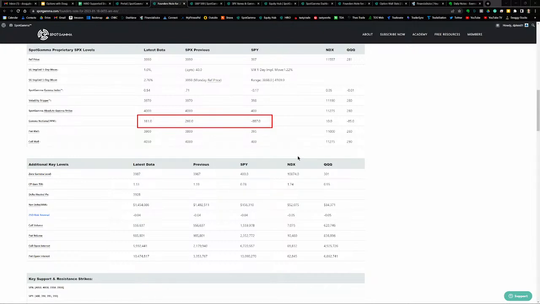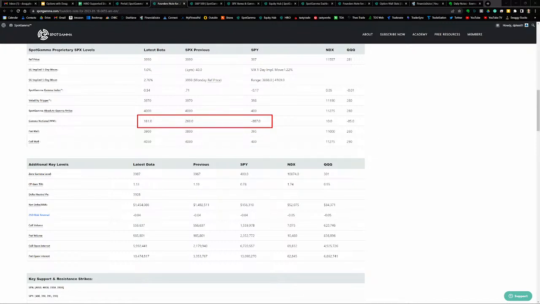So these numbers actually shifted down, or towards negative, for SPX, less positive, and for SPY more negative. Yesterday gamma notional for SPX was 297, and it shifted down today to 161, and SPY yesterday was minus 580, and it shifted down today to minus 587.